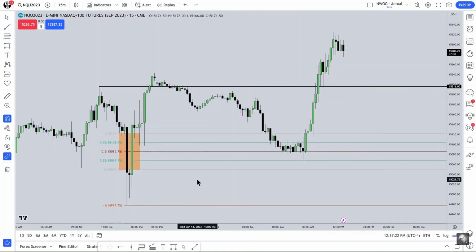Where are the bodies of the candles over here stopping? I know, it's some serious stuff there, isn't it? That's algorithmic. All the bodies of these candles here are respecting the midpoint of this balanced price range.